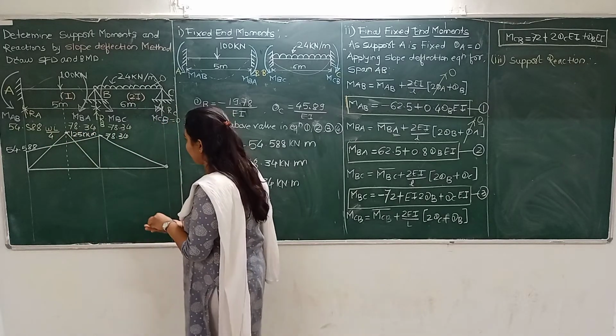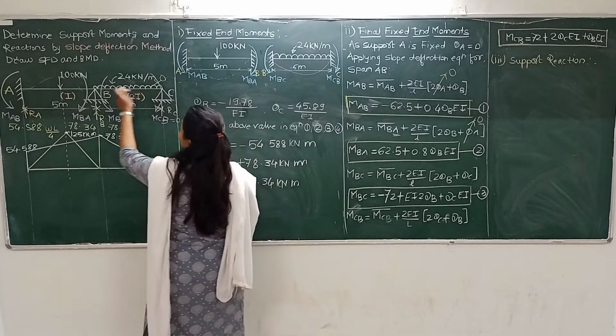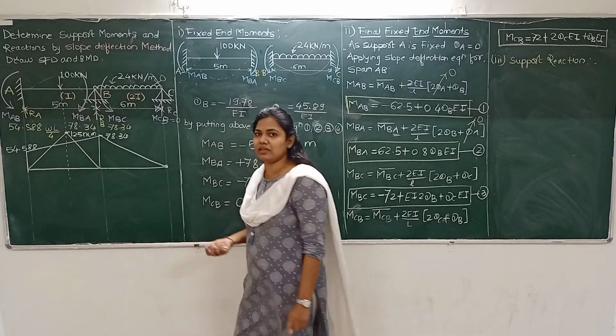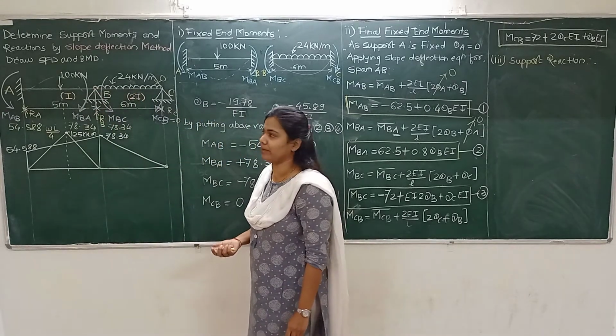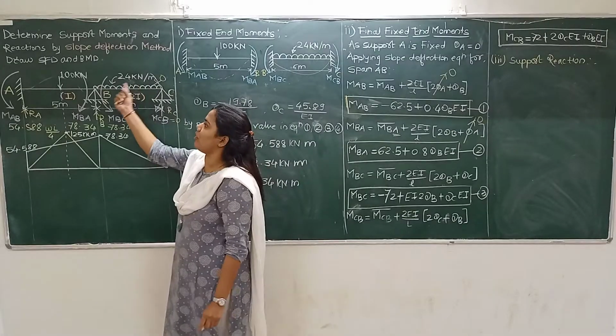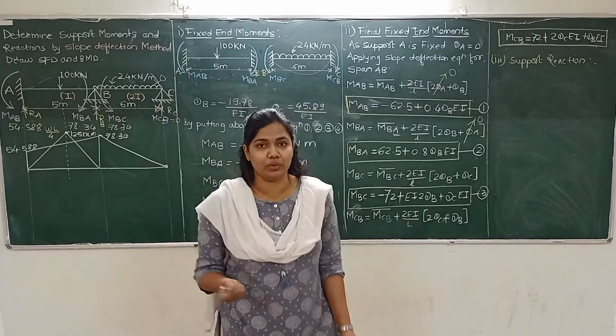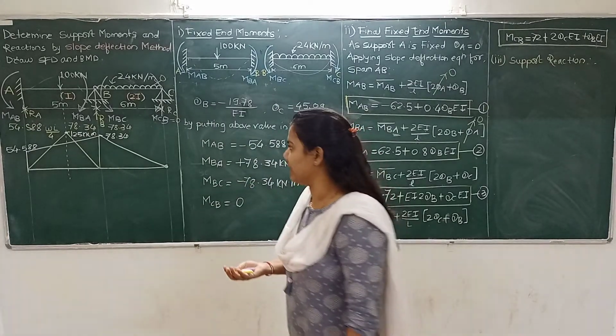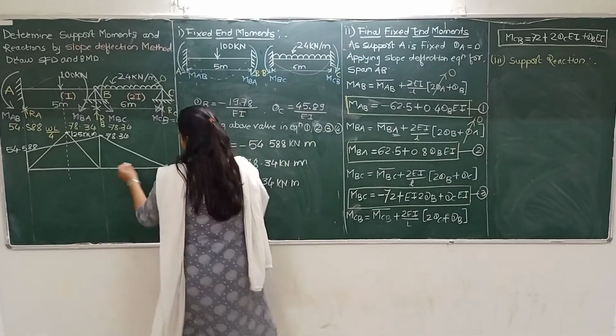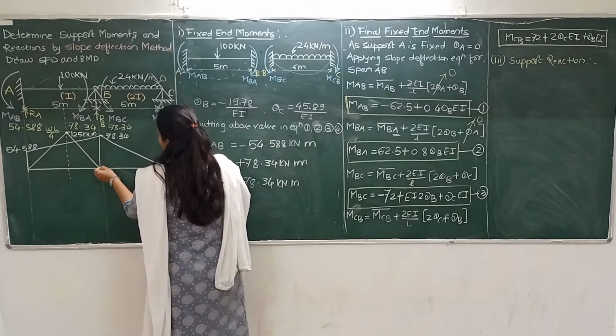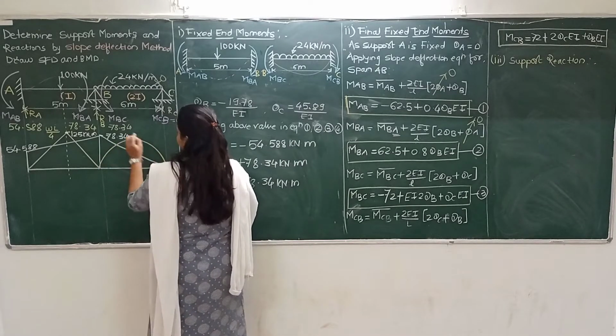Another value is for the BC span. When you consider BC as a simply supported beam subjected to a uniformly distributed load, the maximum bending moment, as you already know, is WL square by 8, and the nature of the bending moment is parabolic like this.